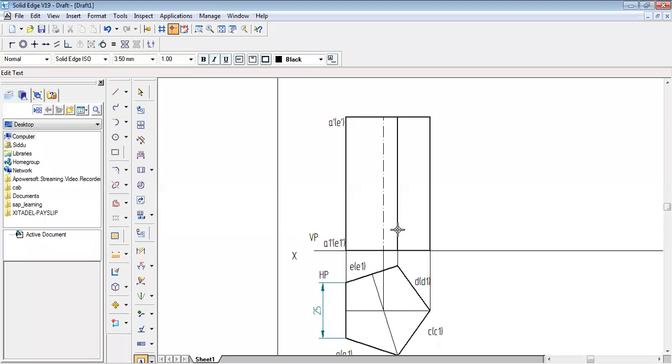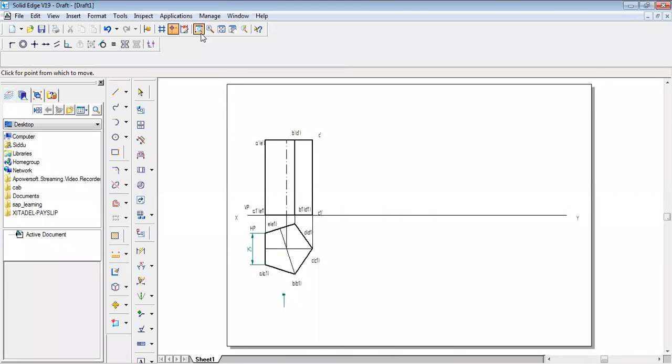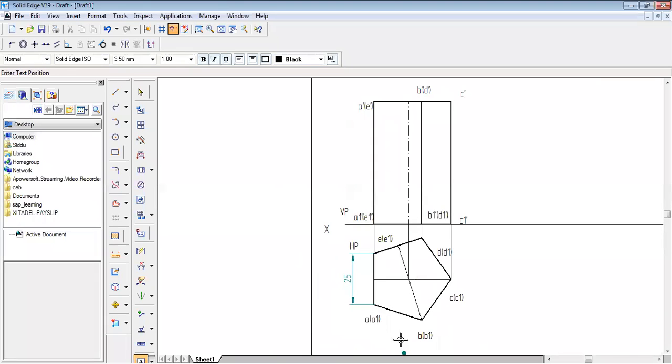Similarly, B is going to be this one, right? So D dash of D dash, because this D is unseen. So here this is B1 dash of D1 dash, right? So this one is C dash, here it is C1 dash, right? So now this is done, this is also done, this is also done.